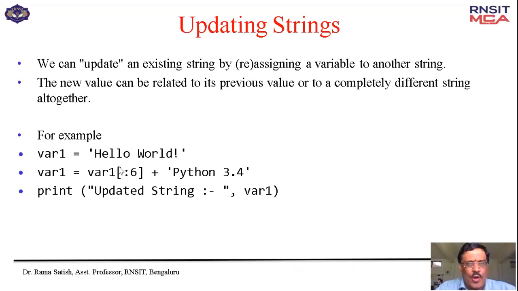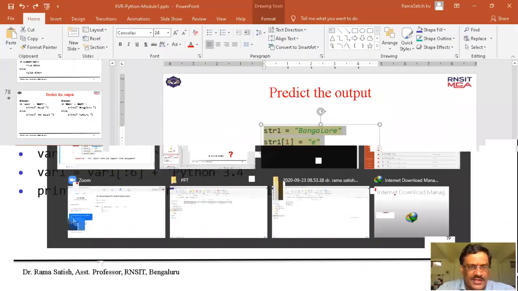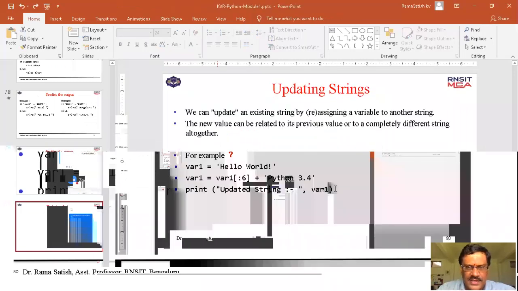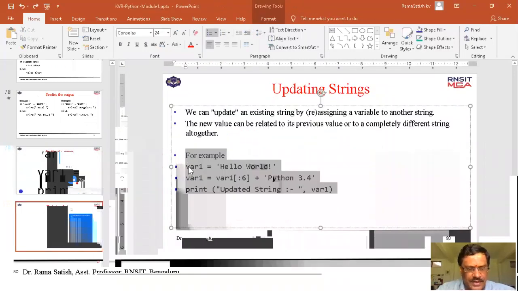So this "hello Python 3.4" is completely overwritten here, and the updated string is var1. Let me demonstrate the same example. I'll just copy it.